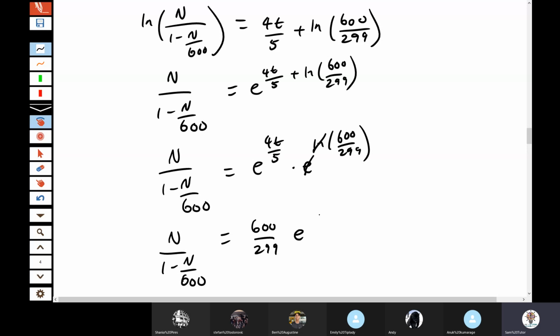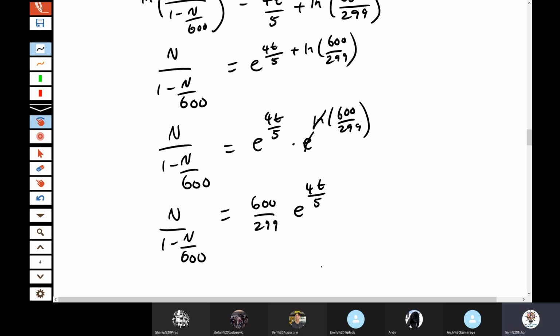Again, we're trying to solve for n. Bring the n over, you'll expand it, you'll bring your n back to the left-hand side.